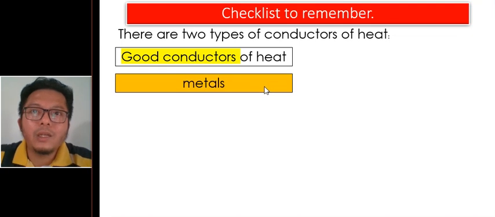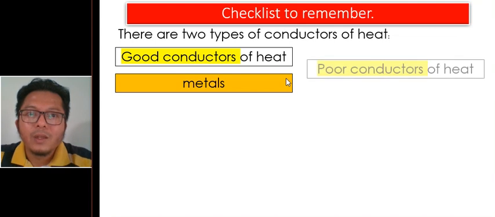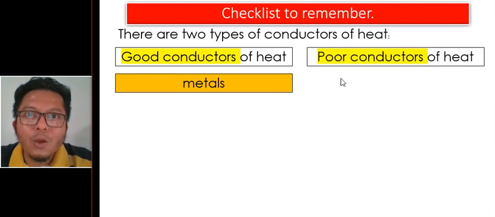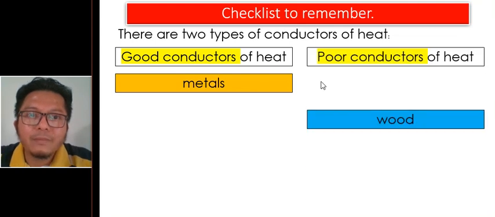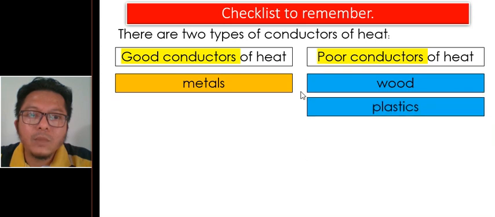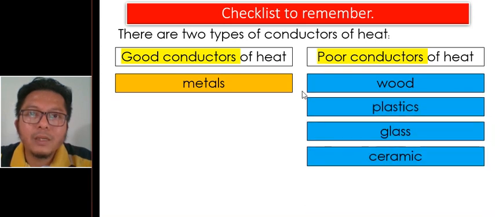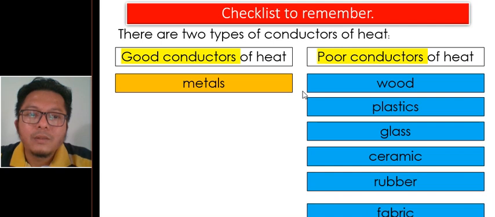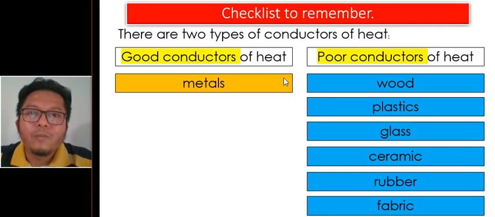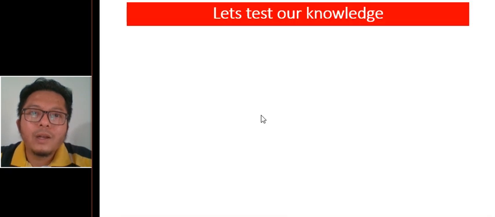We also learned just now poor conductors of heat, which are wood, plastic, glass, ceramic, rubber and fabric. Among all the materials that we have learned, only one is a good conductor of heat, and all the others are poor conductors of heat.